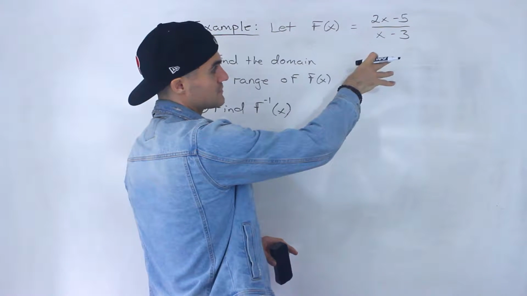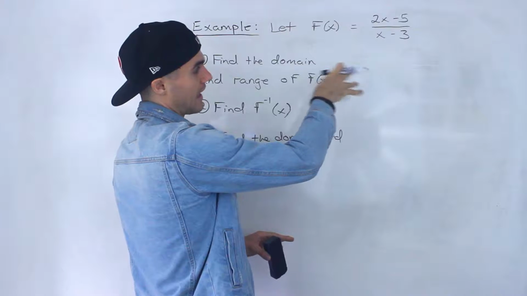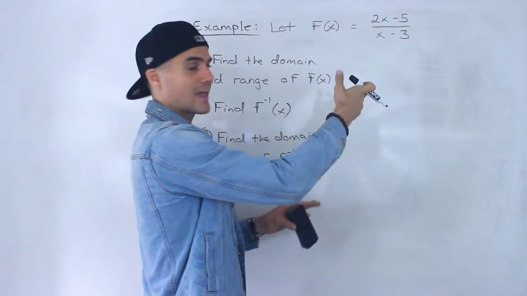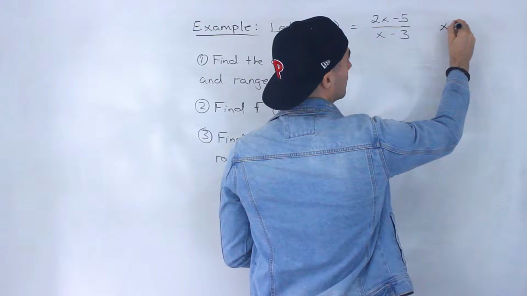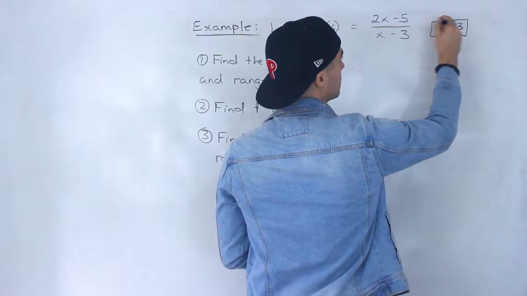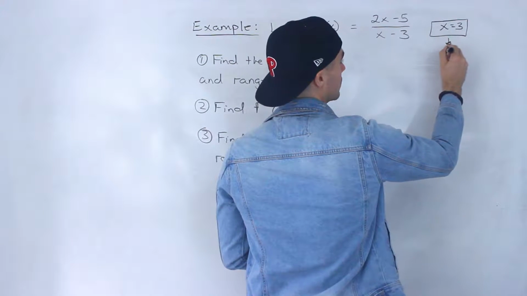Because this is fully simplified, and nothing can factor out and nothing can cancel out, notice that at this x value of 3, that's the first thing I want to comment on. That's going to be a vertical asymptote.